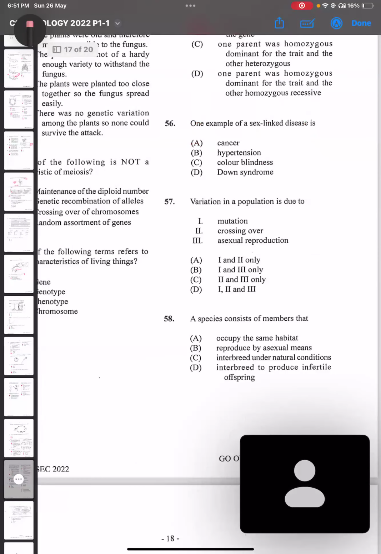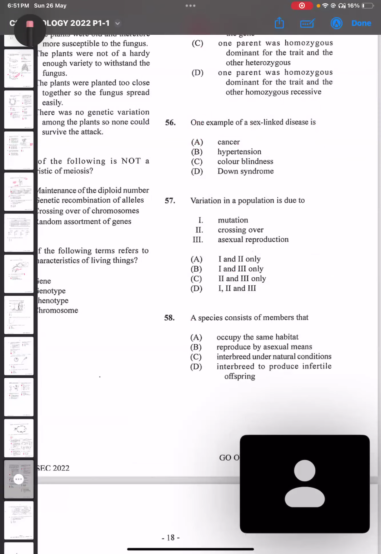We know 56 and we know 57 and we know 58. So we know 56, 57, A, and what's 58?